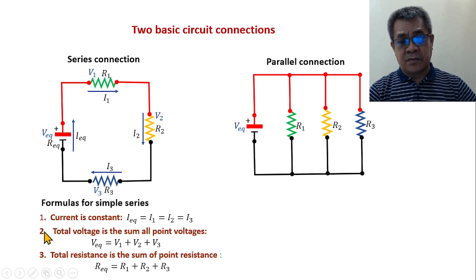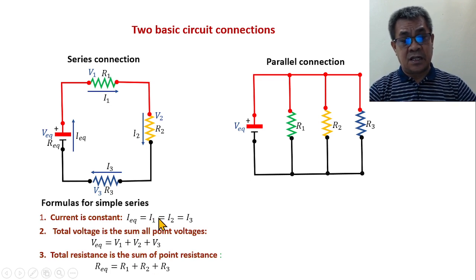Take note that in formula number 2, V equivalent is V1 plus V2 plus V3. Now, if we use Ohm's law to calculate V1, remember V1 is I1 times R1, so you can replace that here. And also V2 respectively is I2 R2, V3 is I3 R3.